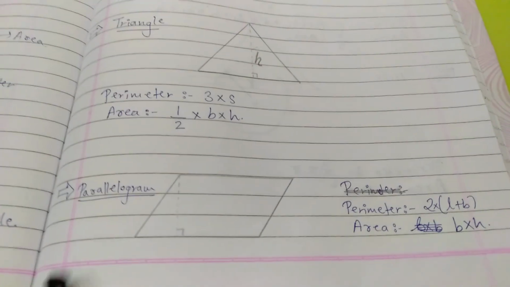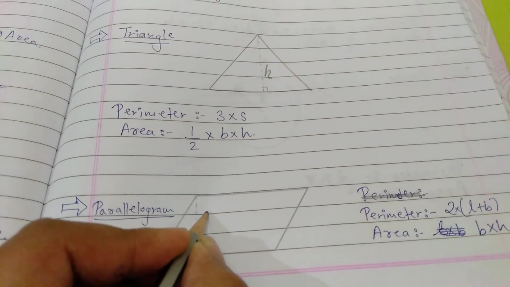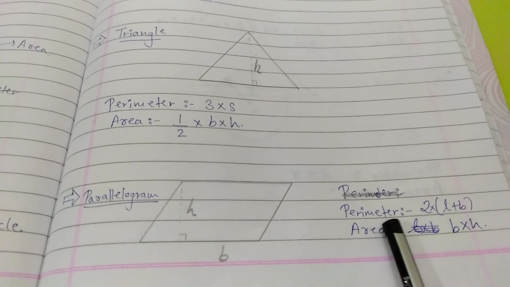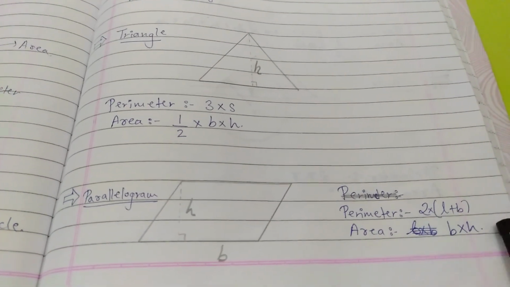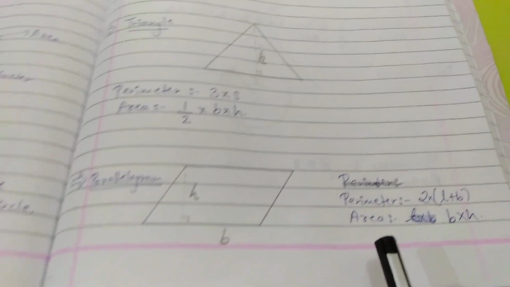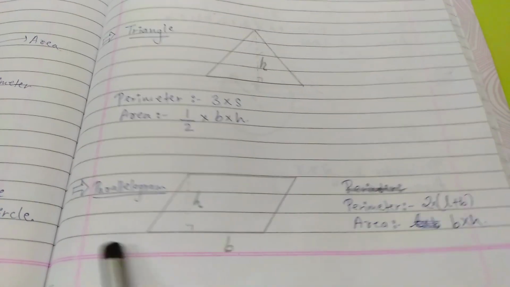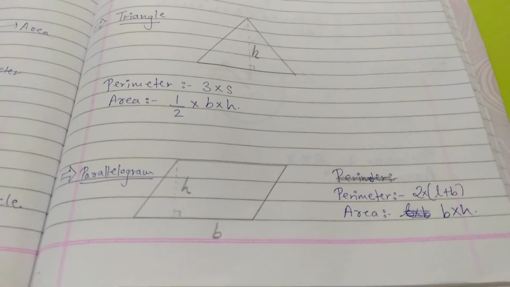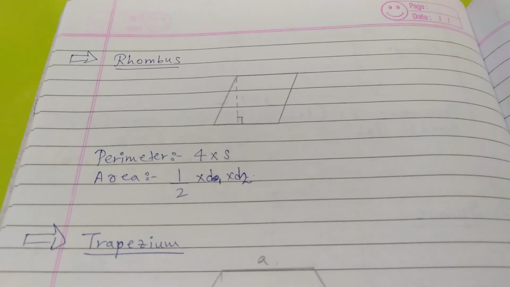Now comes parallelogram. This is the parallelogram. This is its height, this is its base. Its perimeter is 2 into length plus breadth, that is length plus breadth plus length plus breadth. Then area is breadth into height of the parallelogram. Now comes the rhombus.